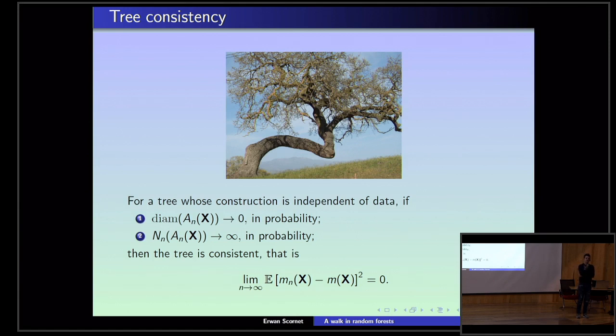And to ensure that this error will tend to 0, you need to have this kind of assumption because you know that if you look close enough to a function, then the function is almost constant. So for example, if I consider cells that are tending to 0, then it's a good way to approximate any function to consider a constant function.